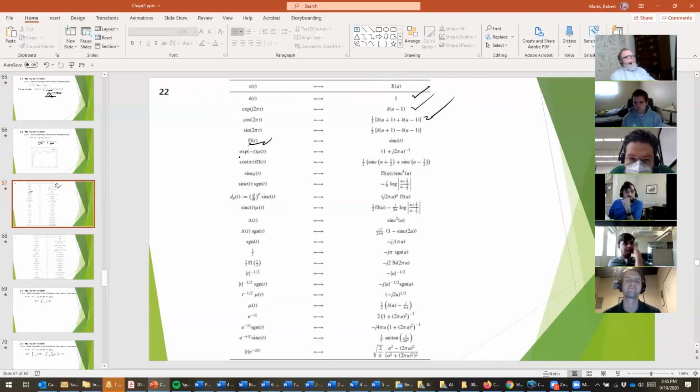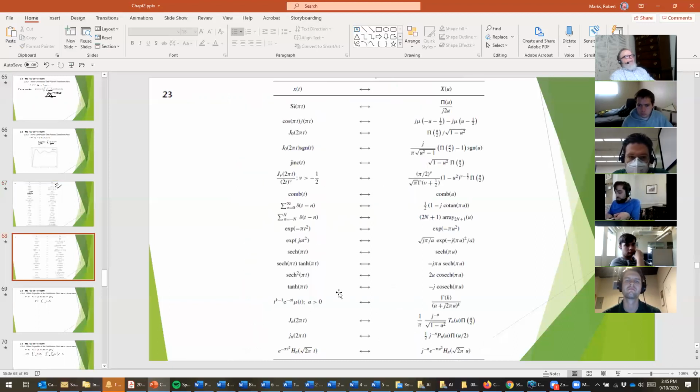We didn't derive this one, but it is very easily derived, as is most of the other values in here. Some of the other ones are more difficult to derive. But they are covered in the book somewhere, and this is one page of them. This is another page of them.